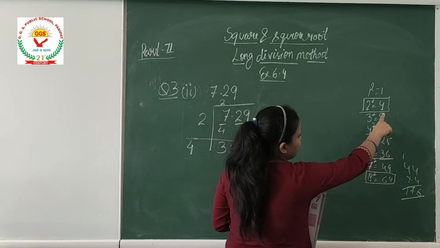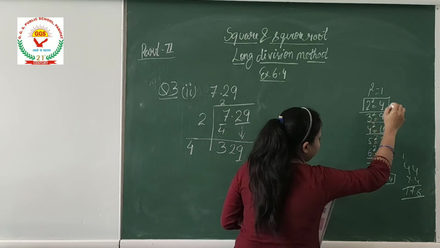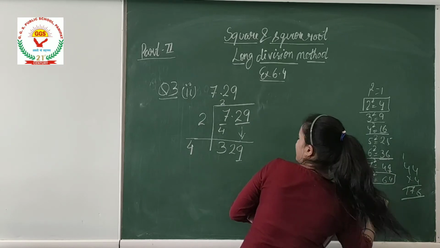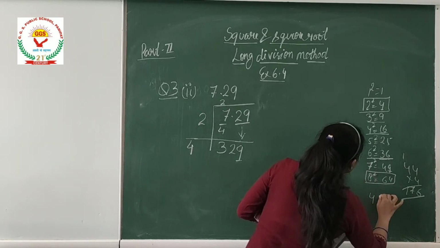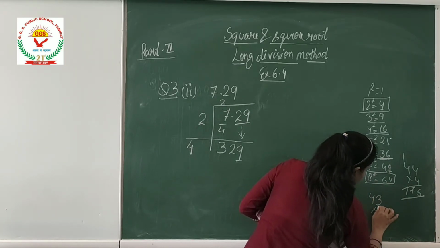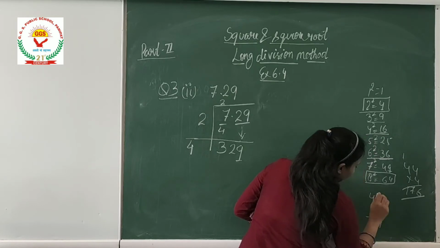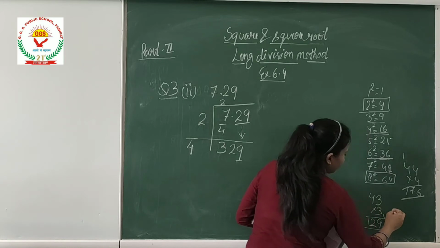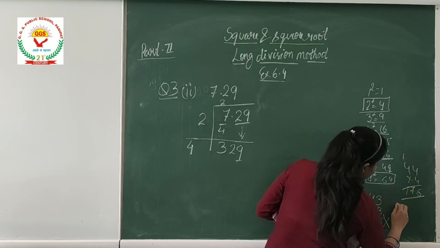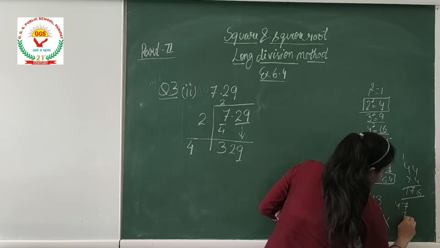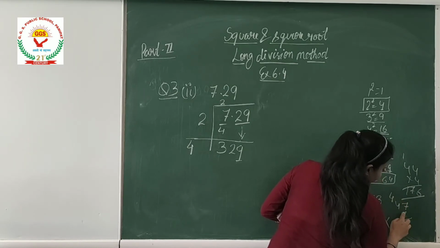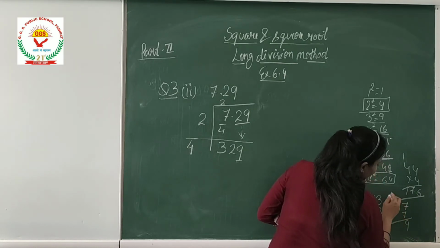We will find numbers having 9 at the unit place. Let's find out which will be our number. 43 multiplied by 3: 3 3s are 9, 4 3s are 12. So this is not our number. We will try another one, that is 7. 47 multiplied by 7: 7 7s are 49, 7 4s are 28, 29, 30, 31, 32.